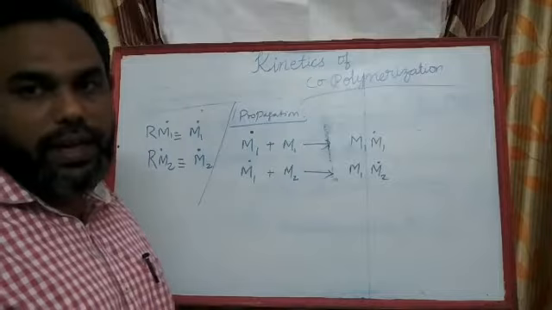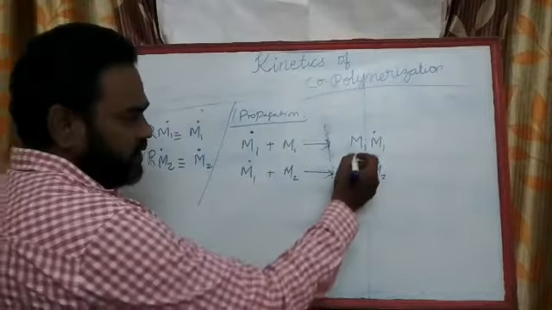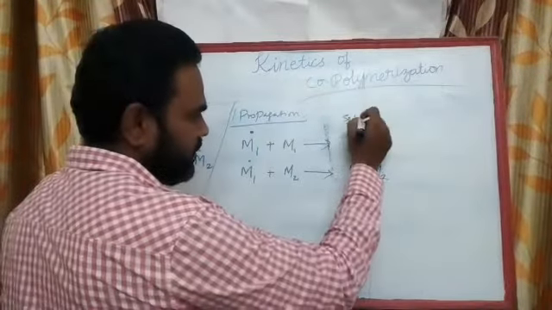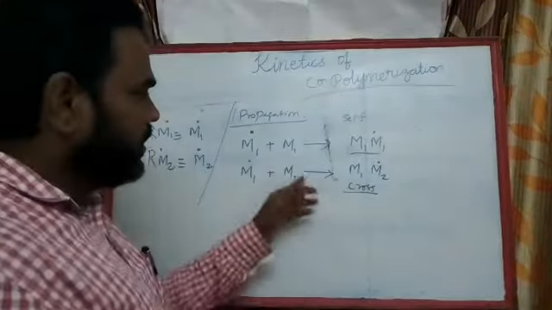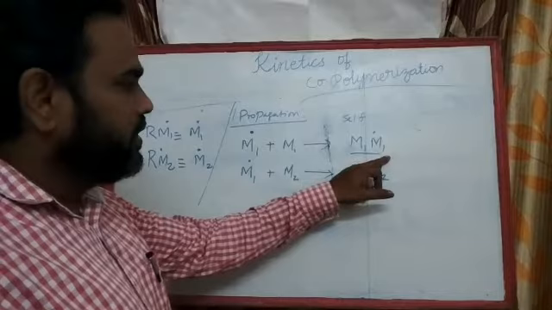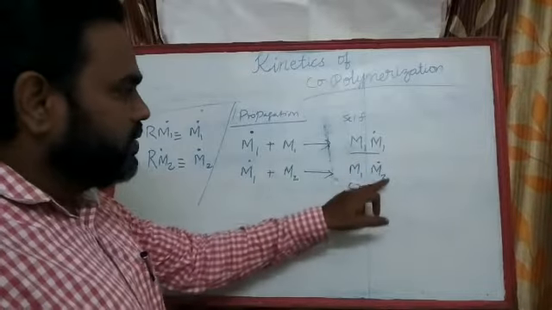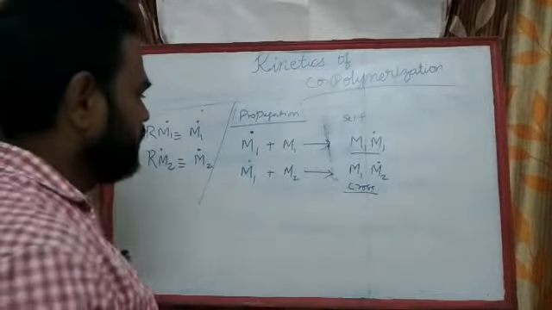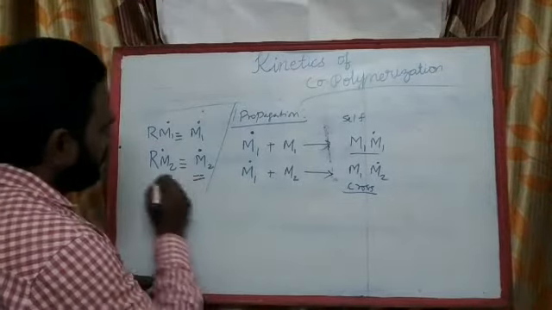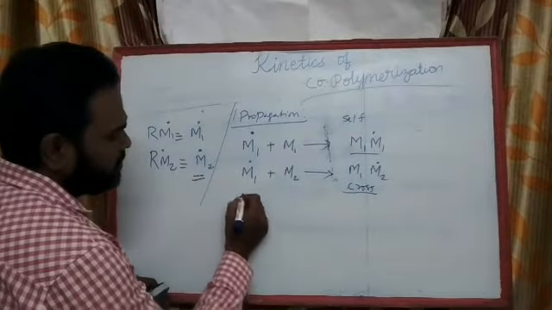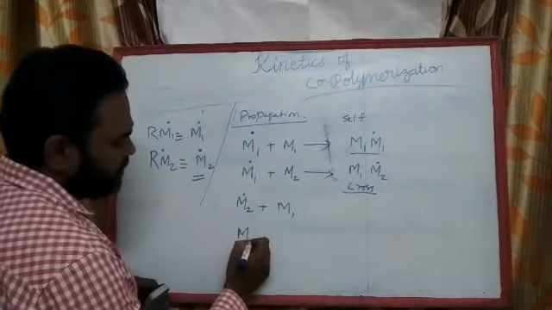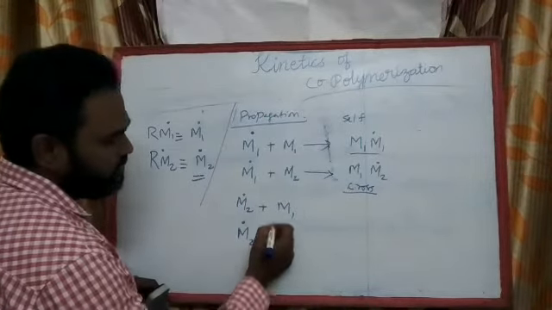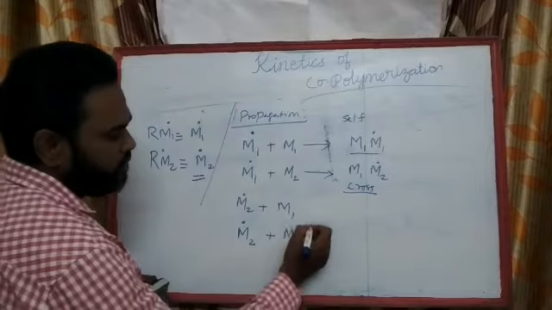This is called cross propagation. So the radical ending is the same in one case, but different in the other. Similarly, RM2 dot has the possibility to react with either M1 or M2.